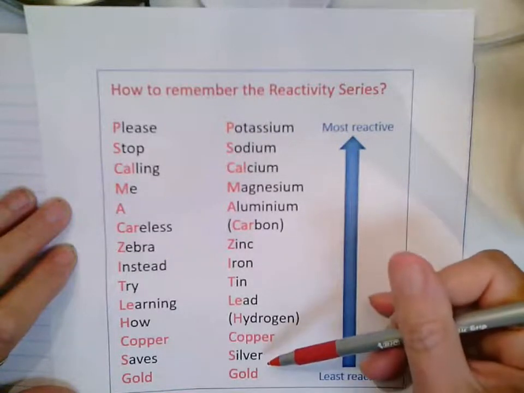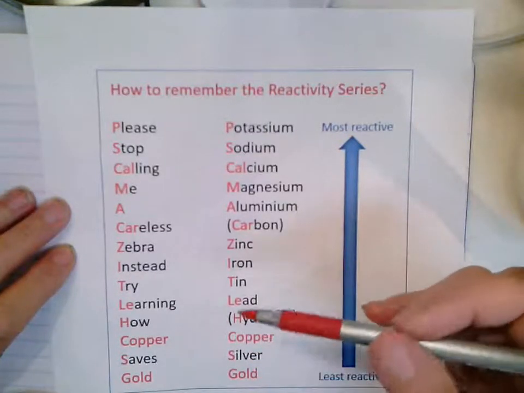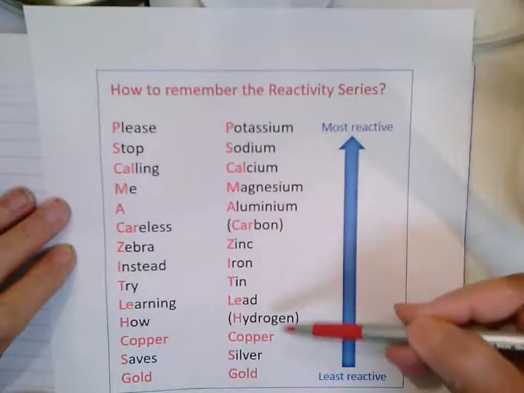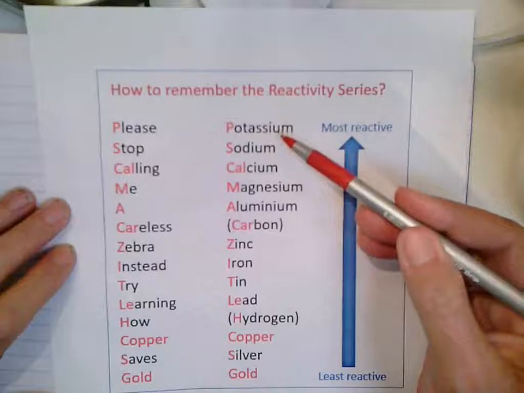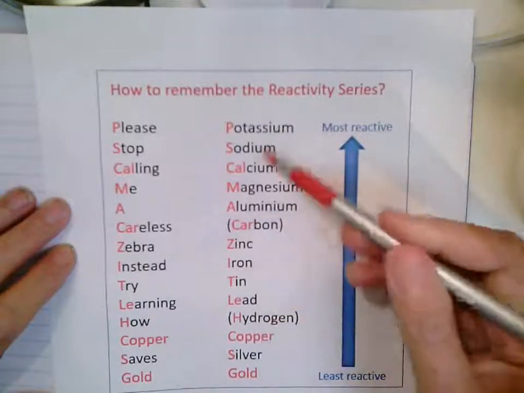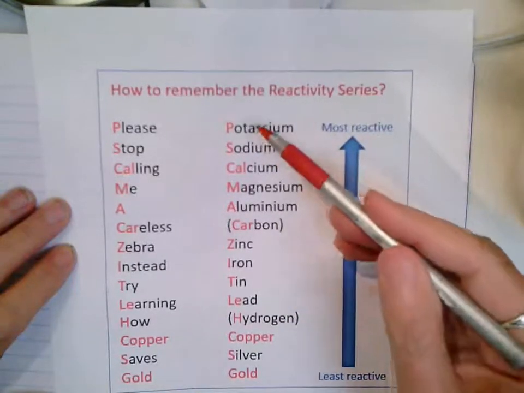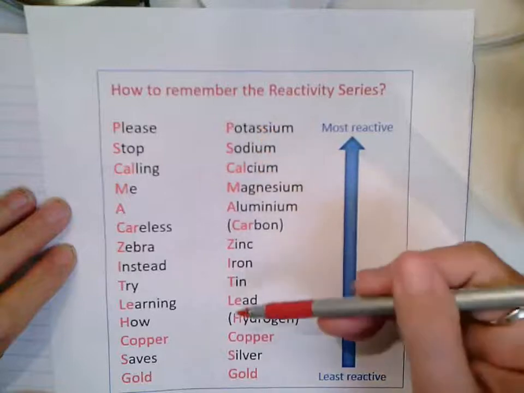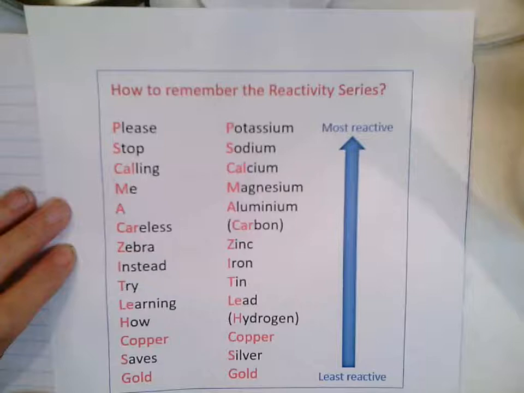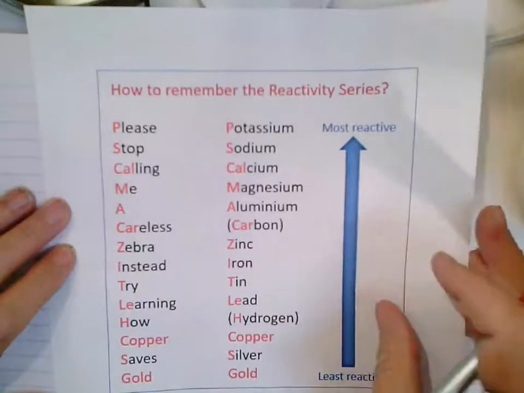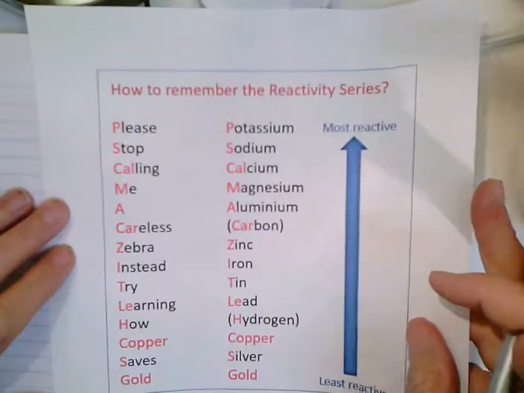And what that means is if something's lower on this list, it cannot replace something that's higher. So copper could not replace potassium, but potassium would replace copper or anything below it on the list. So if I had a solution, and let's do an example problem.